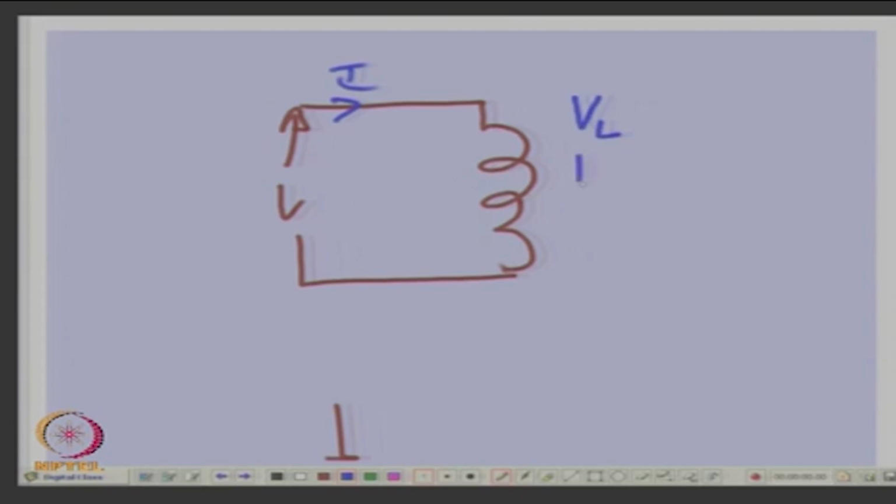There will be voltage due to the fundamental forward field, there will be voltage due to the fundamental backward field induced in the same winding, okay, which is equal to 4.44 F N phi, right. There will be voltage due to second harmonic forward field and second harmonic backward field, right.